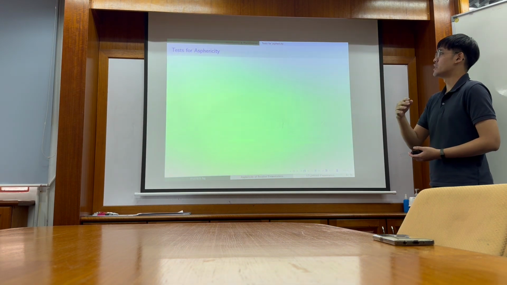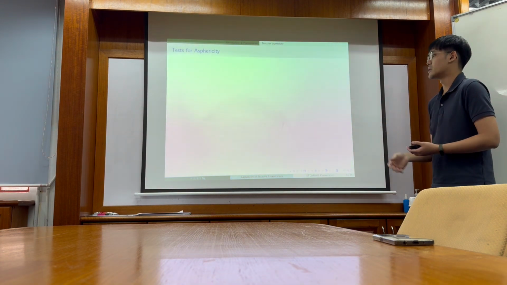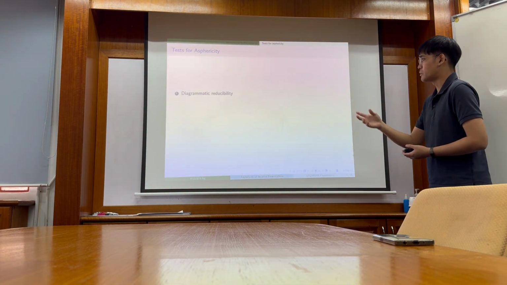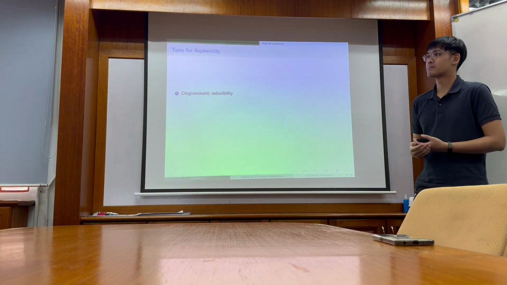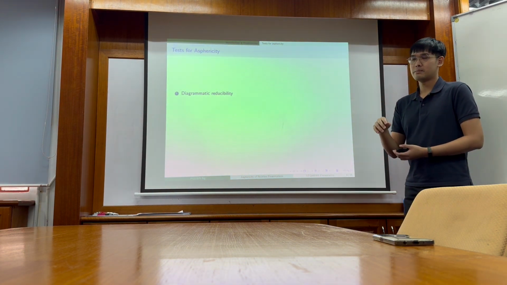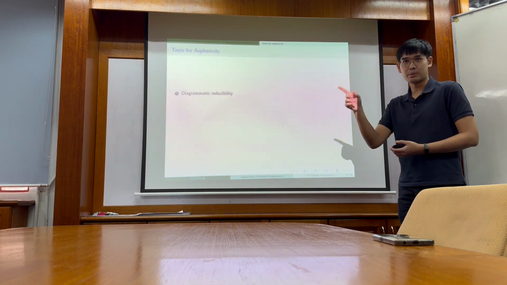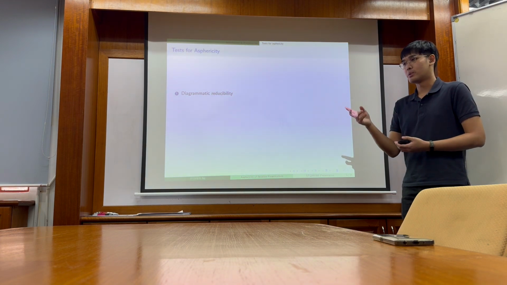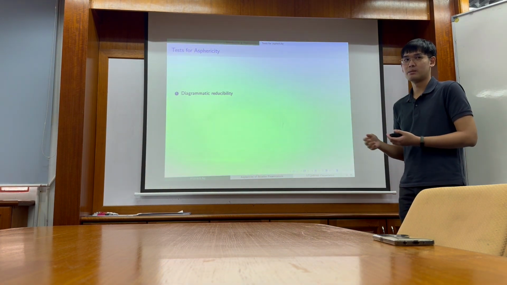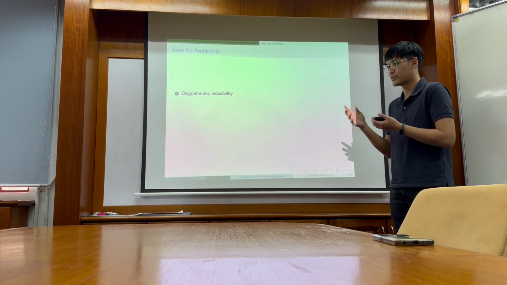Now we will briefly discuss tests for asphericity. The first one is diagrammatic reducibility, and so if every spherical picture over a relative presentation contains a dipole, then the relative presentation is aspherical, meaning not spherical.